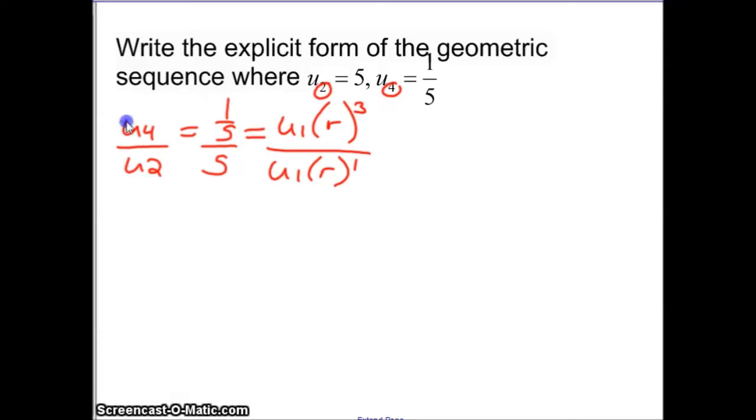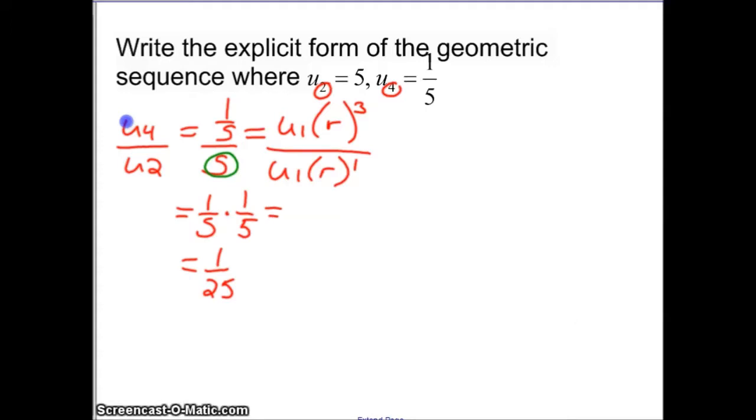On the left-hand side, I've got 1/5 times the reciprocal of 5. When you divide fractions, it's the same thing as multiplying by the reciprocal. So 1/5 times 1/5 is 1 over 25. That's the left-hand side of that equation.